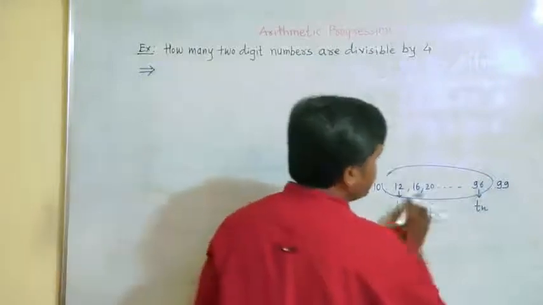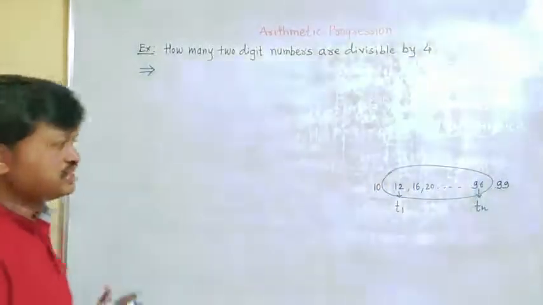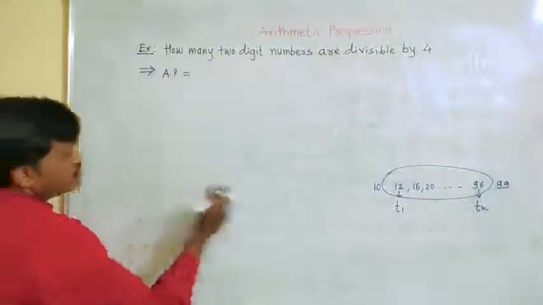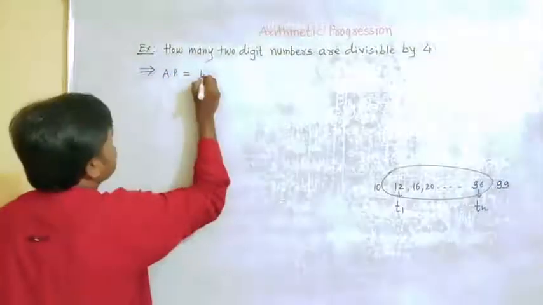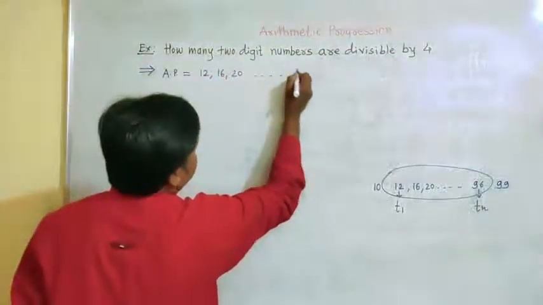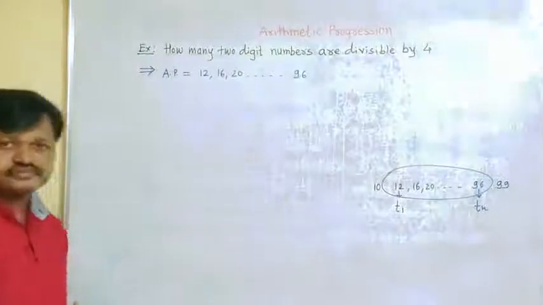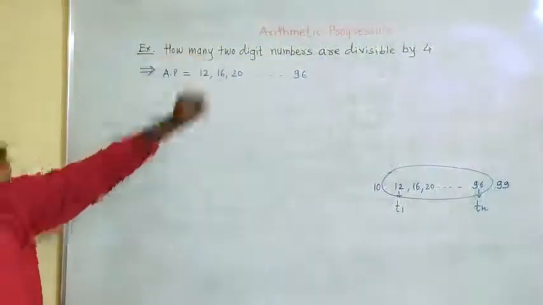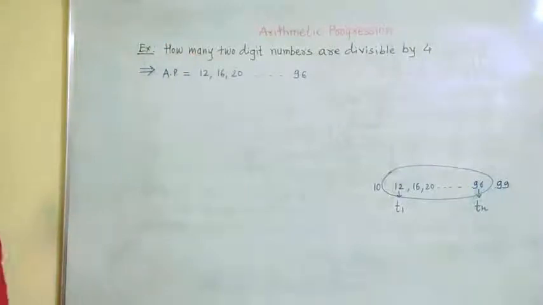So we get here an AP: first number 12, then 16, then 20 and so on. We get the last number, 96. And from this we calculate the value of n.